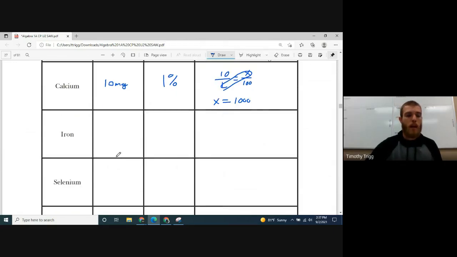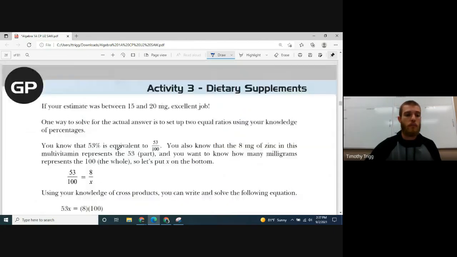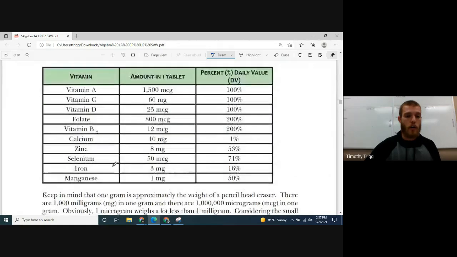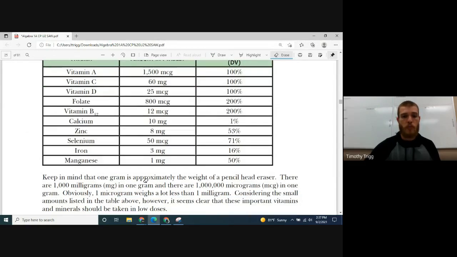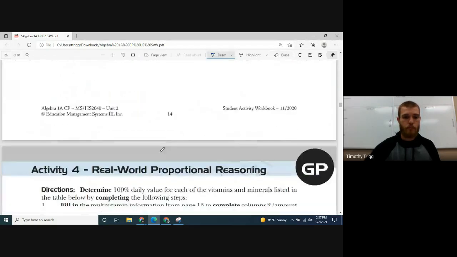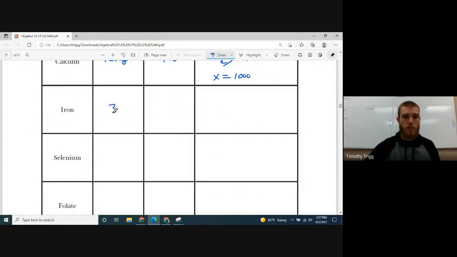Okay, iron. Next one's iron. So let's look at our chart. 3 milligrams is 16%. So if 3 milligrams represents 16%, then how many milligrams are needed for 100%?